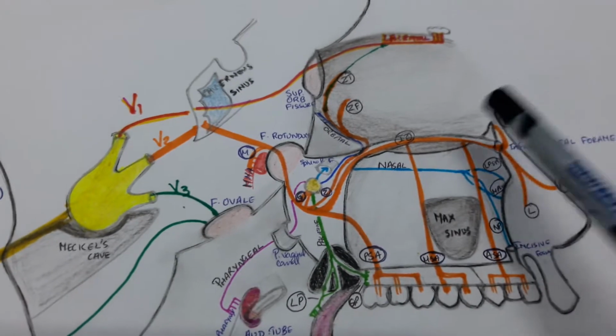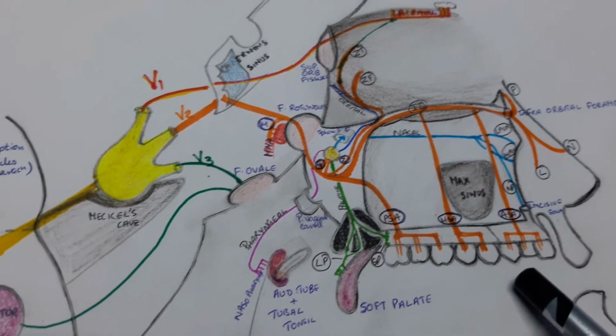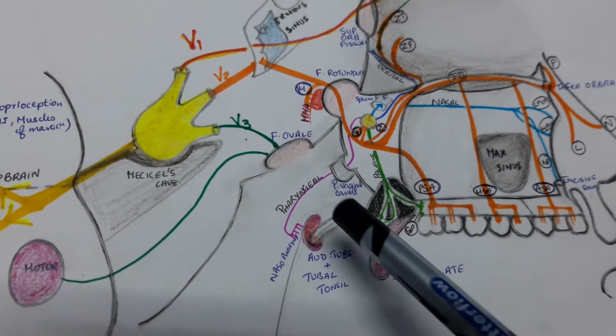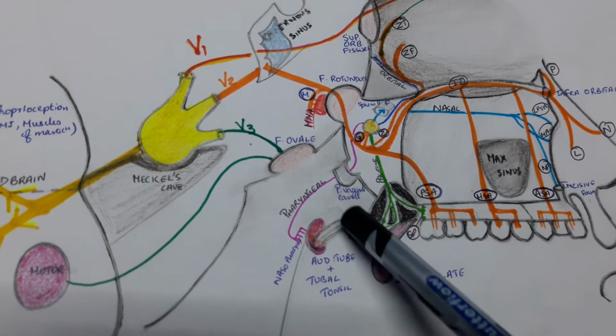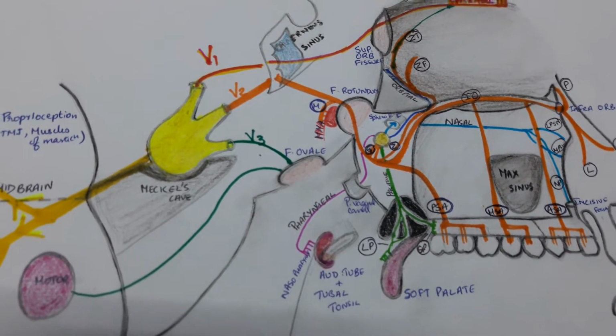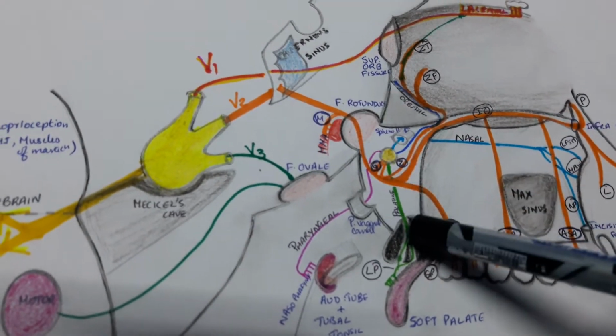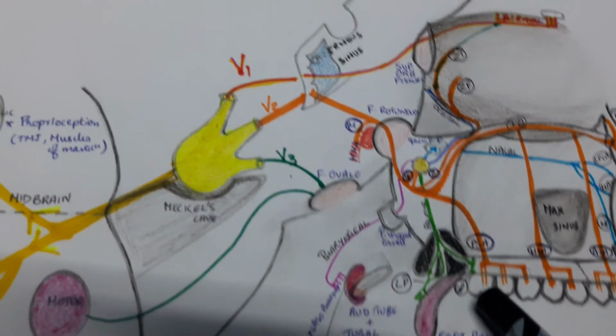Towards this side, we have the orbital cavity, the maxillary bone with teeth, the soft palate, auditory tube, the opening with the tubal tonsil. This part here will be the nasopharynx. This important structure here is called the pterygopalatine fossa.